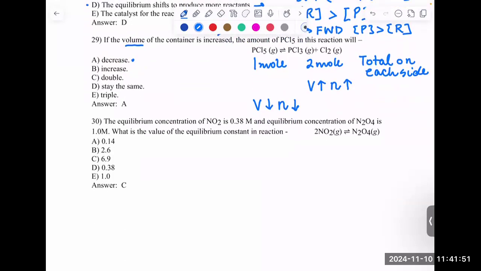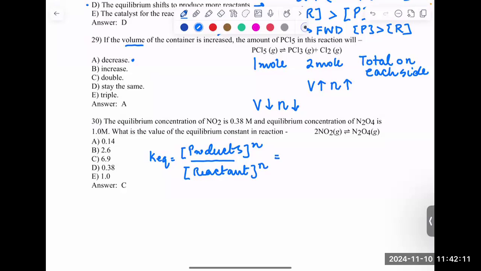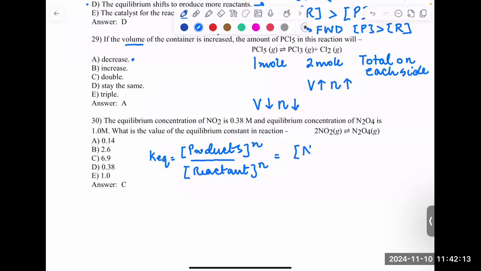The equilibrium concentration of NO2: now this relates to Keq, which is equal to the concentration of the products raised to the power of their moles over the concentration of the reactants raised to the power of their moles. Here we have this reaction. The concentration of N2O4 over the concentration of NO2 raised to the power 2 is equal to Keq.